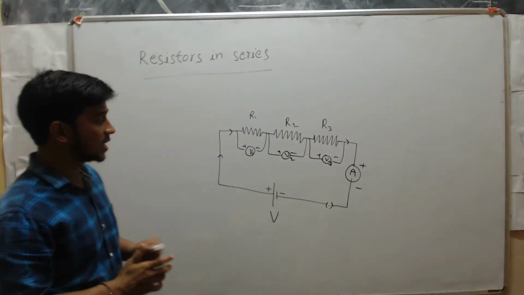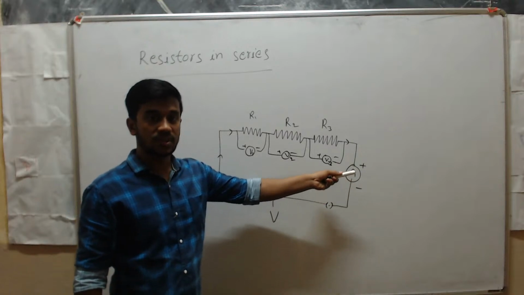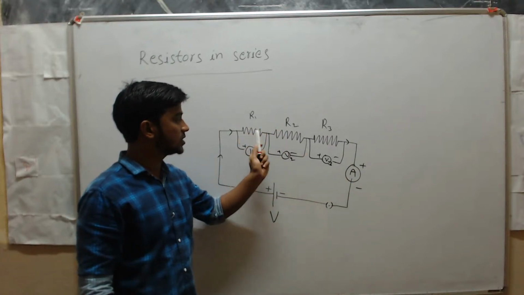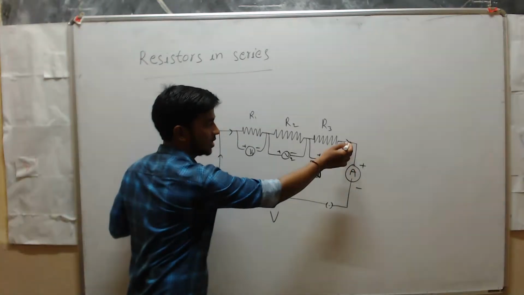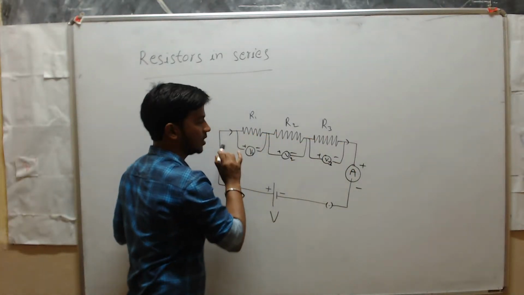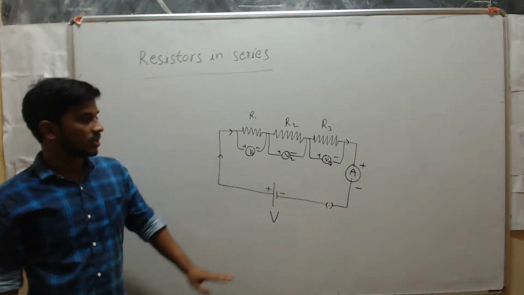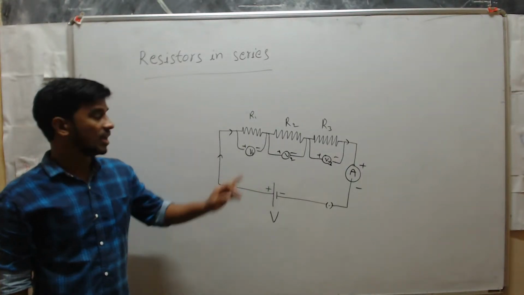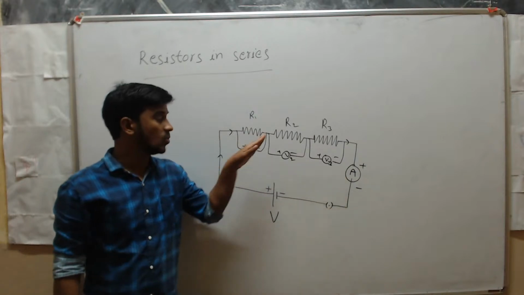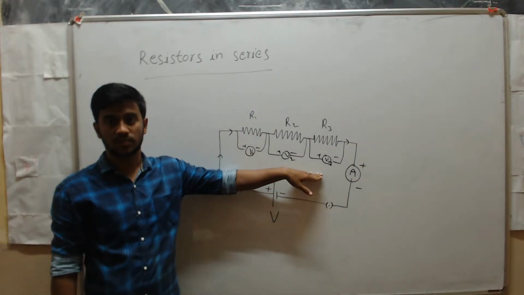But current across individual resistors, if you connect the meter here or here or here, you will get the same current. So in a series circuit, current is constant but voltage is different.